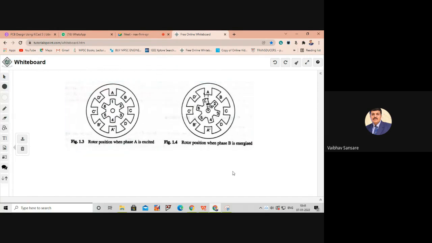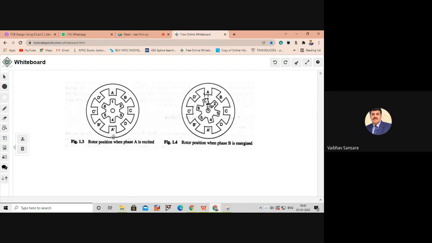Okay. So let us consider that initially phase A is excited, and the rotor is at the initial equilibrium position with teeth 1 and 4 aligned with phase A and A dash.